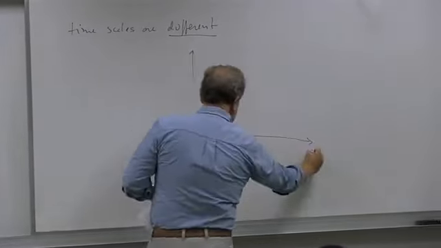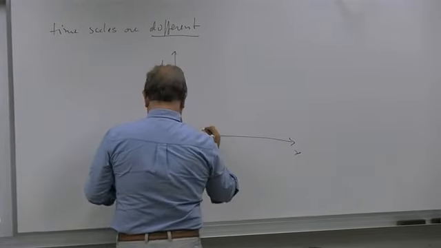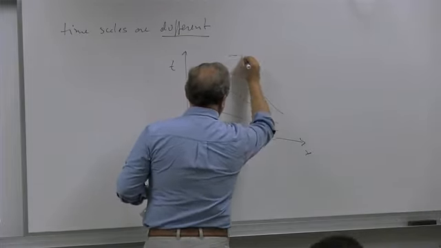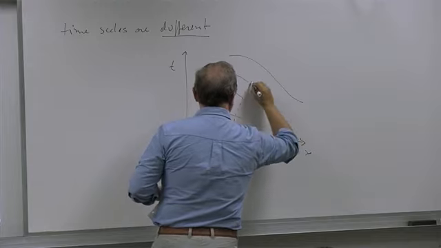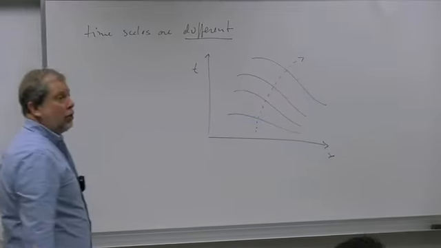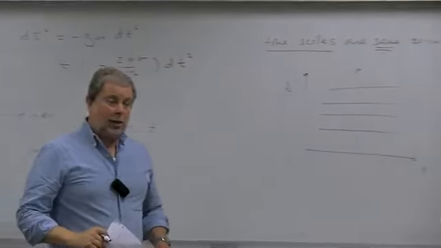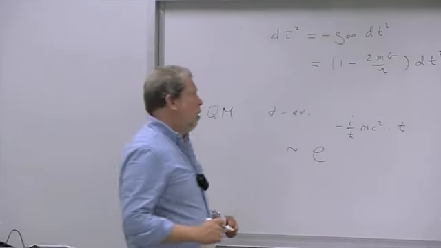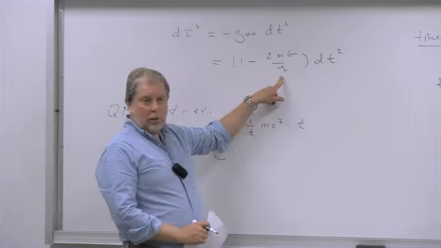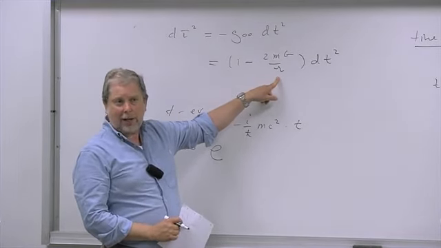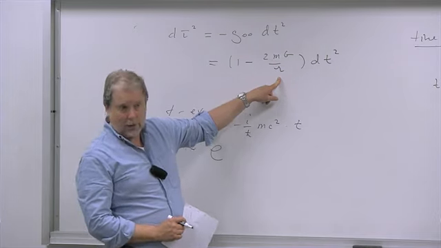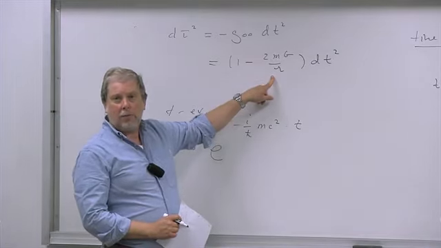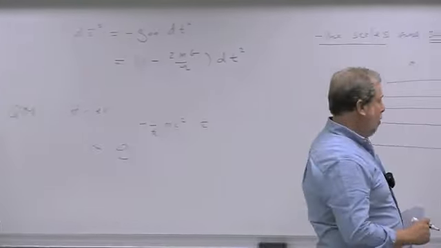So this is again x, and this is t, and so we have something that looks like this, and the particle will now move, as I said, in the direction in which the gradient of the phase is the largest. So these time scales seem to affect the propagation of the particle, and in fact that is the reason why this factor has an effect in the way the particle moves at the classical or at the quantum mechanical level, because this is in fact causing some sort of attraction that makes this curve, right?